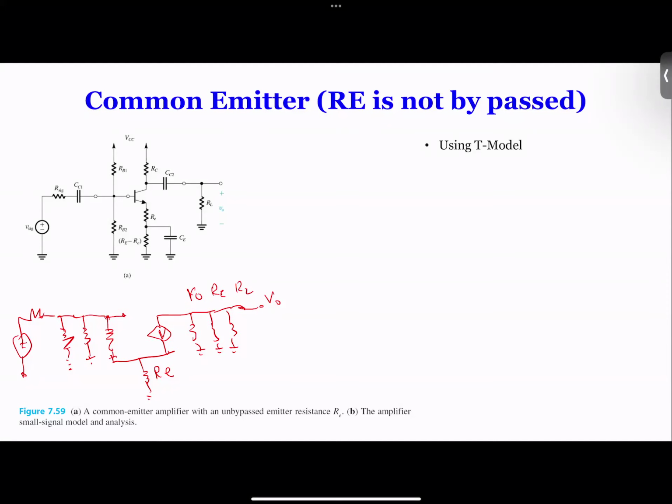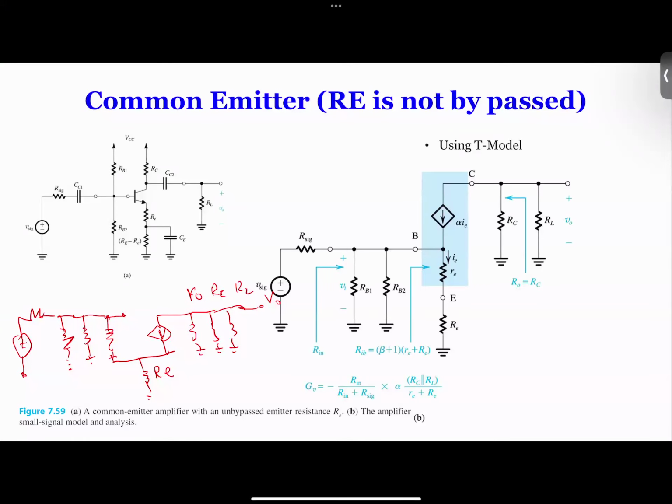So what do you do then? That's where the T model comes really handy, because for the T model, you still use the gm here. For the T model, you have resistance here, RE. Now this RE is not that RE. This RE is an external resistance.